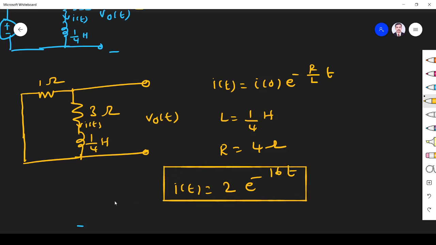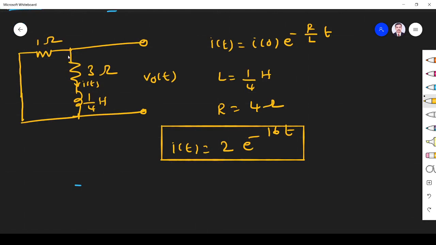Next, we got i of t. i of t is the current flowing through this branch. Vo of t is given by the drop across the resistor, so i of t into R. This is plus minus, right?